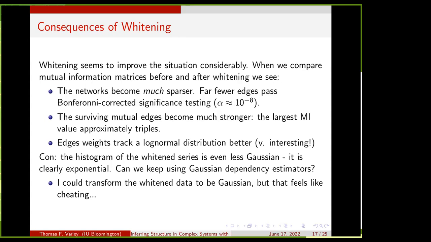Gaussian estimators of an exponential process, or taking a process and torturing the data even more to bring it in line with what estimators we're using. I don't have a good answer for that, but it's something that sits in the back of my mind because I feel like we often play fast and loose with statistical assumptions in life sciences. But anyway, we can talk about that at the end.